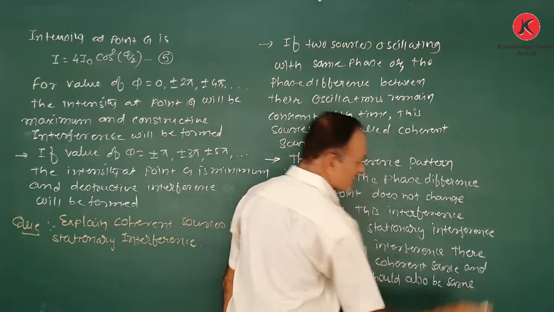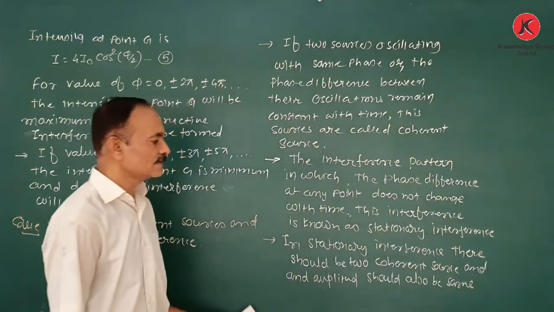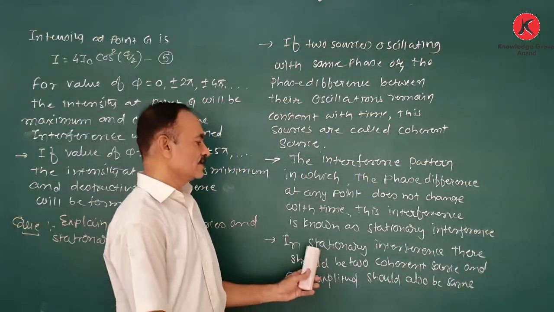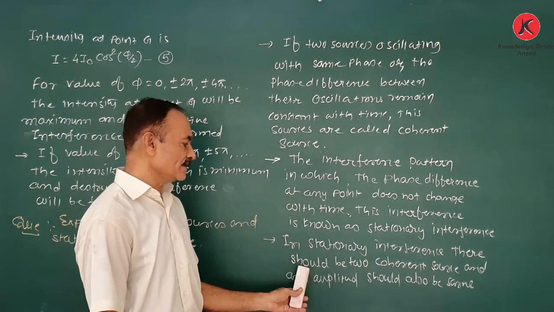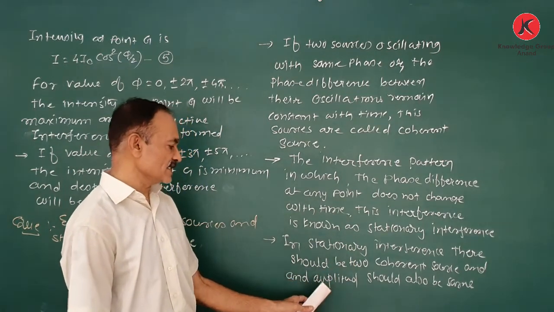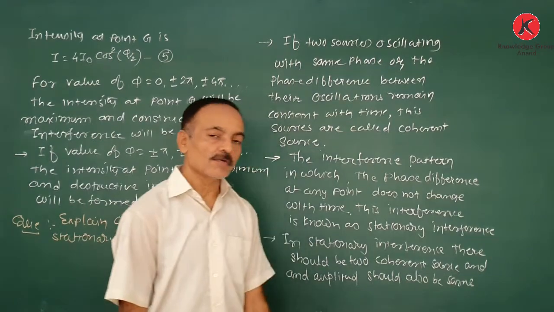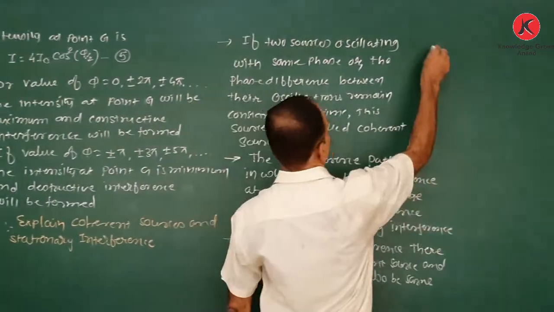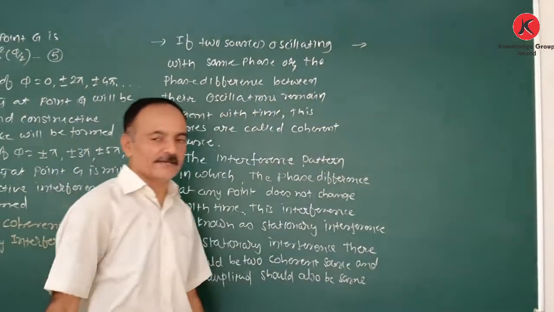So that is the condition for stationary interference. In stationary interference, there should be two coherent sources and the amplitude should also be the same. Now, one more point in stationary interference.